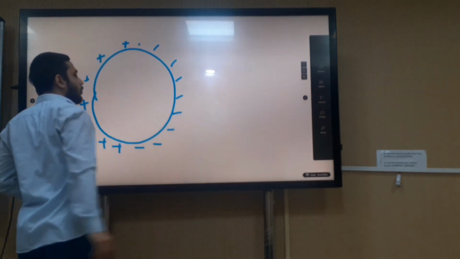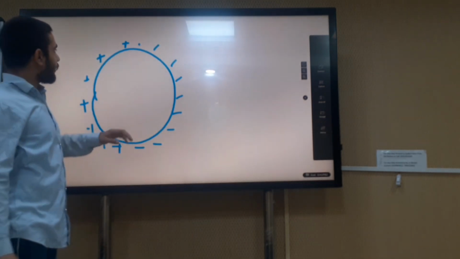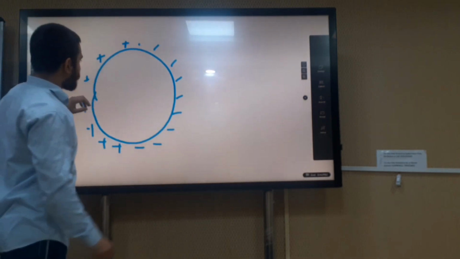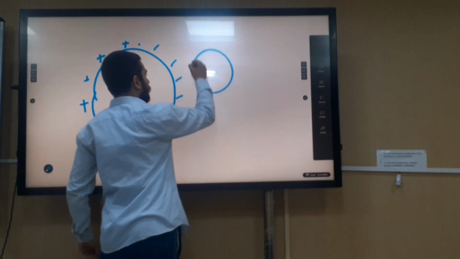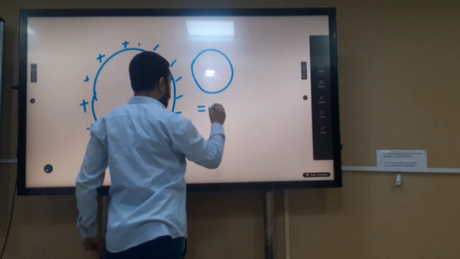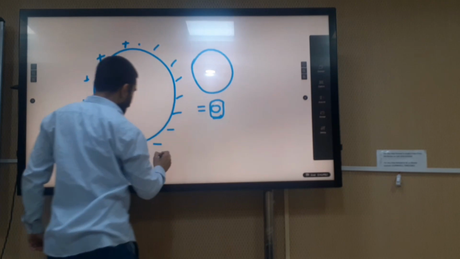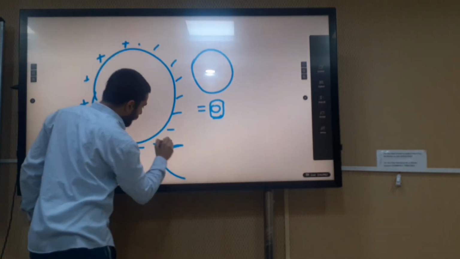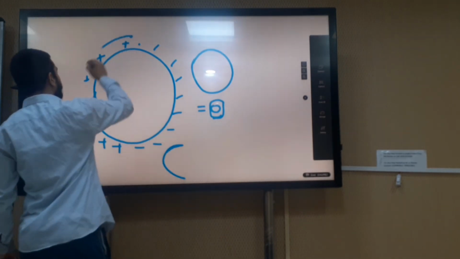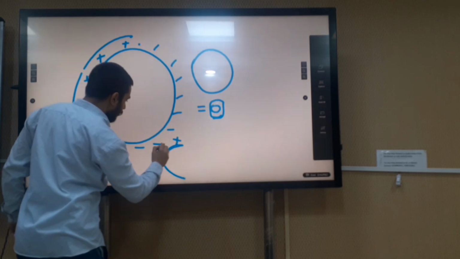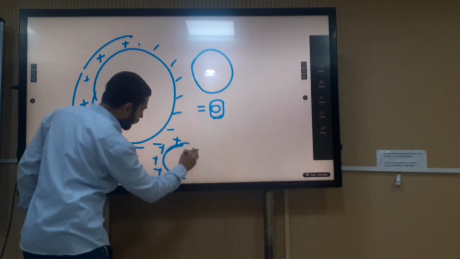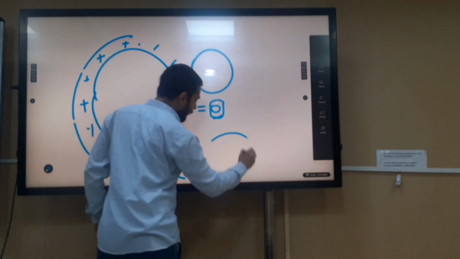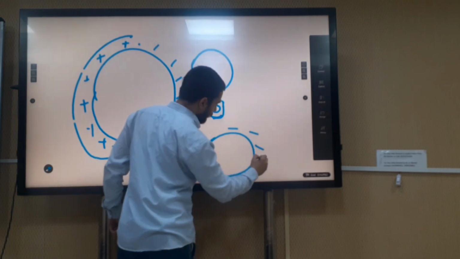Okay, so what is the work done in forming this ring? So initially as the ring was having no charge, so work done will be equal to 0. Then suppose that only here this positive charge was there. Okay, so firstly we put the positive charge, and then we put the negative charge.